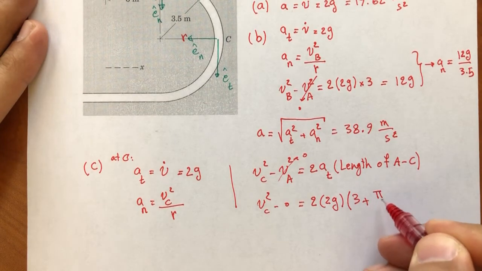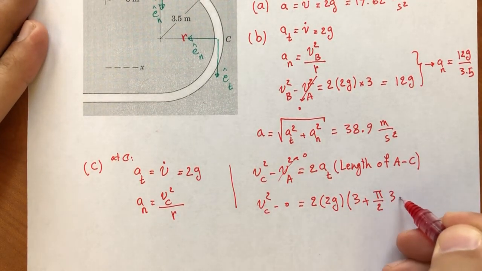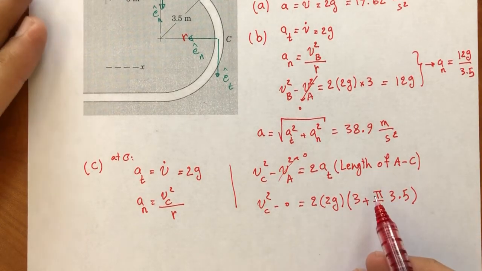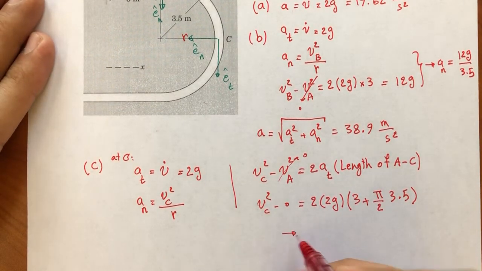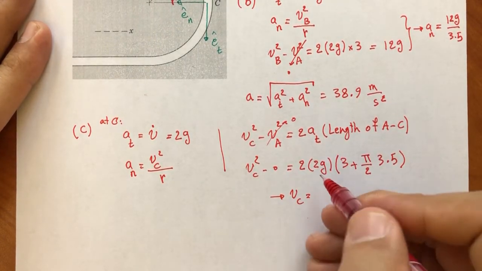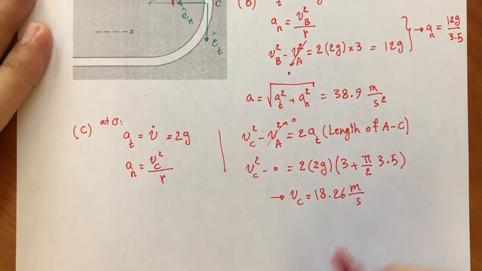So pi divided by 2 times 3.5. So we can find the velocity at C using this equation. And if you do the math, velocity at point C is going to be equal to 18.26 meter per second.